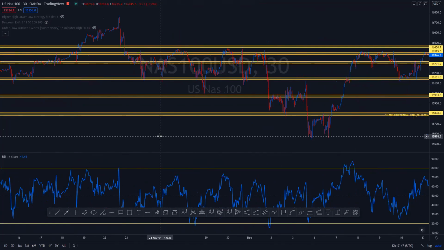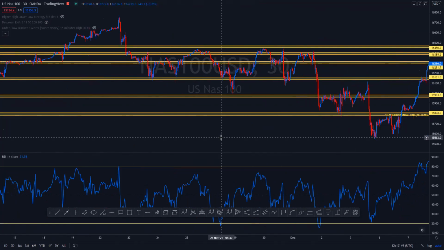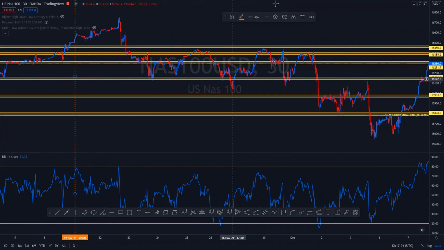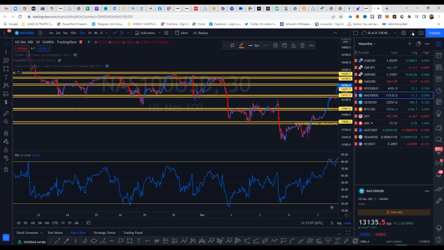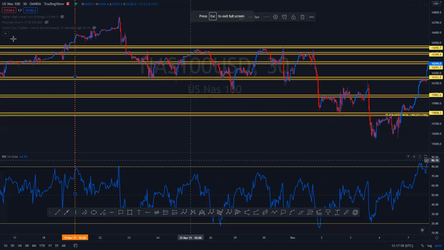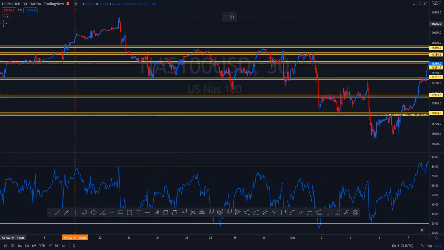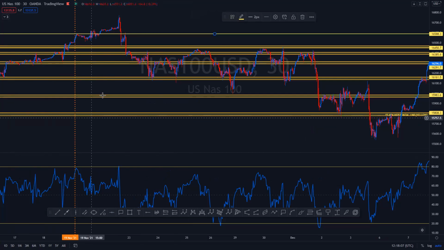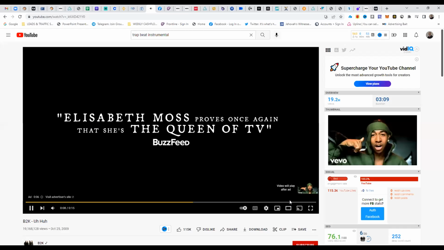So I'm going to put a vertical line right here up to, let's say, this area here. So put one here. Give me a second.